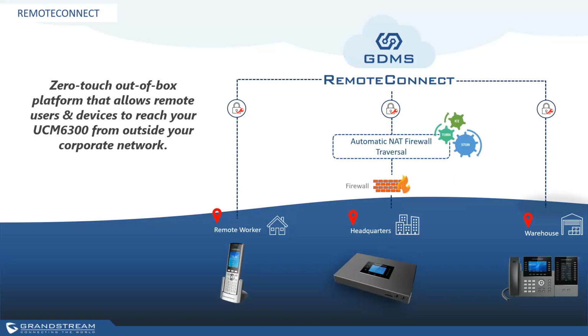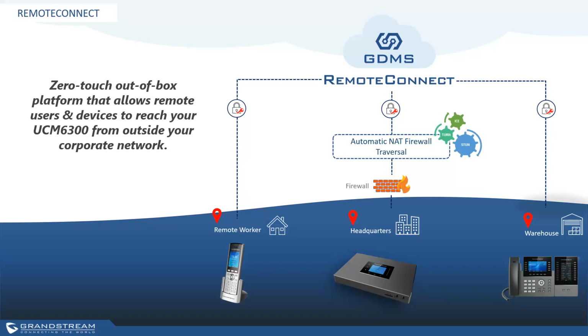So there are many benefits to enabling RemoteConnect on the UCM and the GDMS. And the first one being the automated NAT firewall traversal. And this service allows users to seamlessly communicate remotely from external networks without the need to go to the firewall and create rules or do any port forwarding.